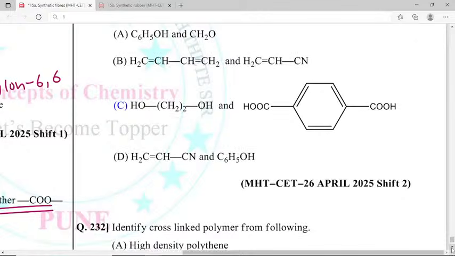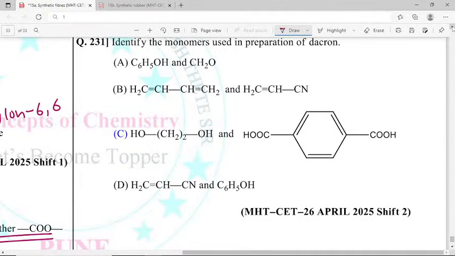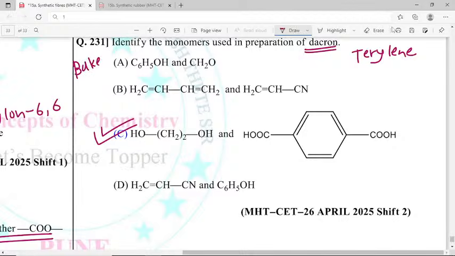Identify the monomer used to prepare the Dacron. Dacron stands for terylene. So this is your answer: ethylene glycol and terephthalic acid. This other option stands for bakelite.